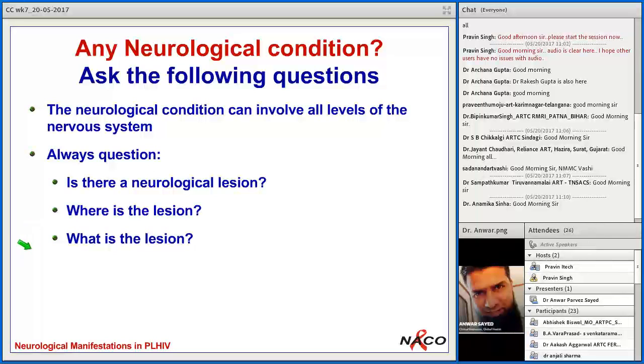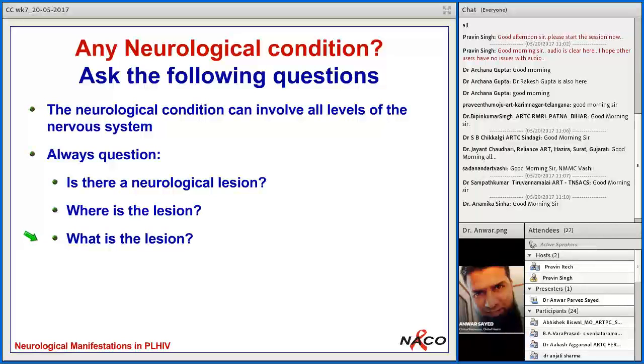These days, CT and MRI make our job very easy as far as where the lesion is concerned. But CT and MRI will not be freely available to everyone, so we have to decide whether a person should be sent for CT or MRI, or we should do a lumbar puncture first, or do something else before all these things.